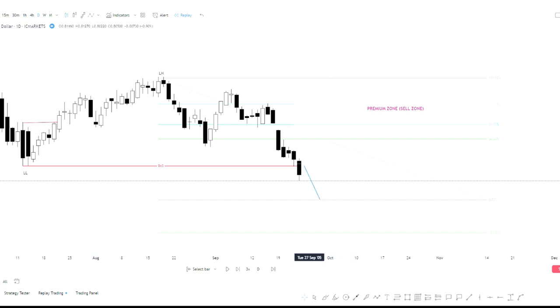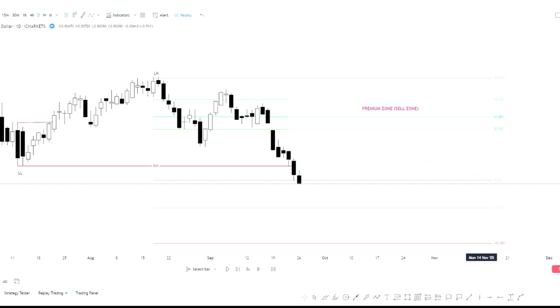I don't know when it will happen, but I will keep following the market until I have a new valid pullback. Once I have a new valid pullback, I will stop adjusting my Fibonacci and my trading zone. I will just wait for the market to retrace to our premium zone to start finding a new trade setup. Let's see how the market will go and how to take advantage of this marking.